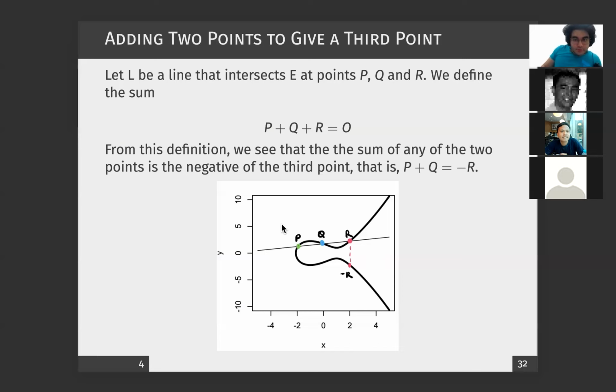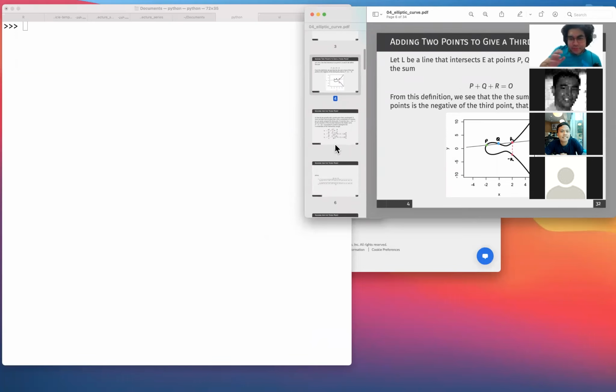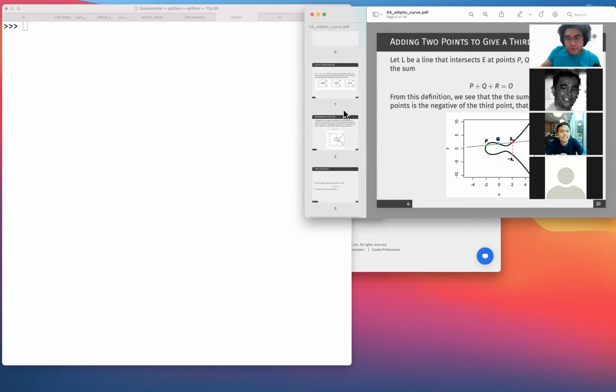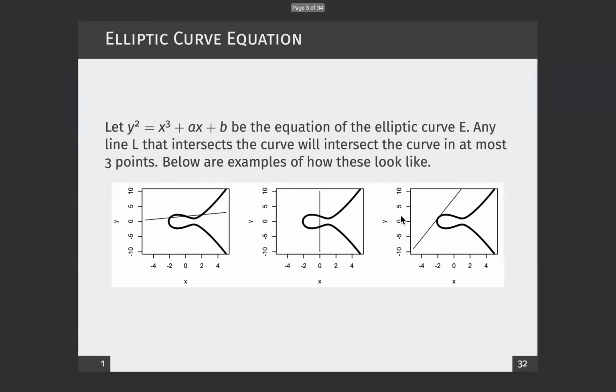Okay, so let's go back. Can I ask? Yeah. So this is an elliptic curve. I cannot visualize it, but what is the equation? I was trying to imagine a conic, the usual elliptic shape.